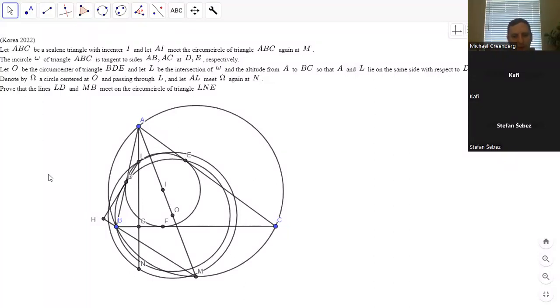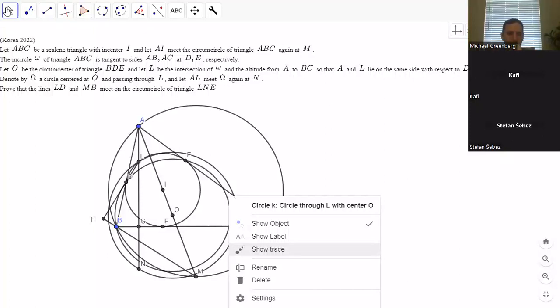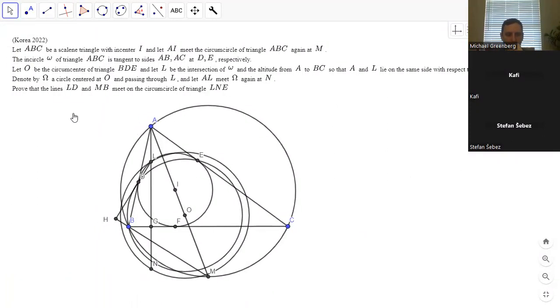Yeah, so point N is just weird. I almost feel like it's confusing to see the circle. I'd rather just think that ONL is isosceles, because that's kind of the point of it. So ONL is isosceles.